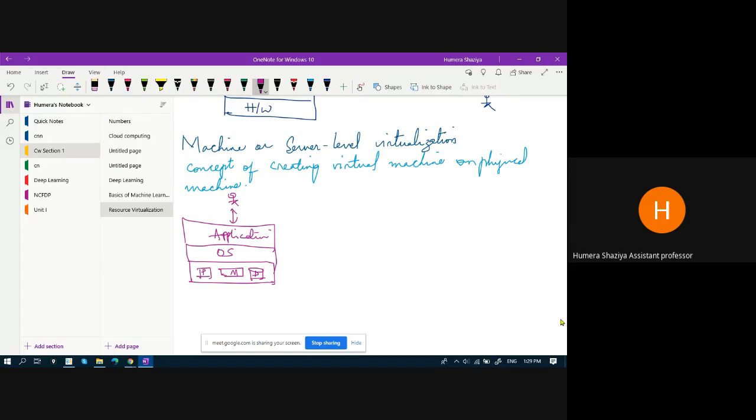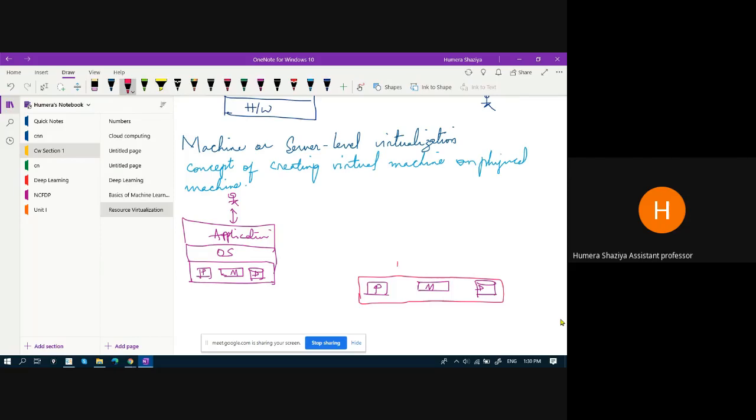When we talk about machine or server level virtualization, you have processor, memory, and disk. And on top of it, you don't have an operating system directly.